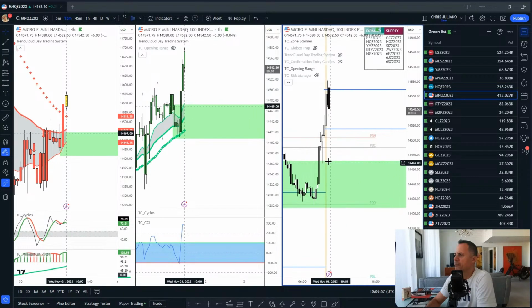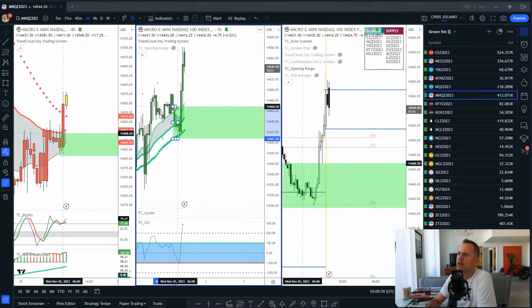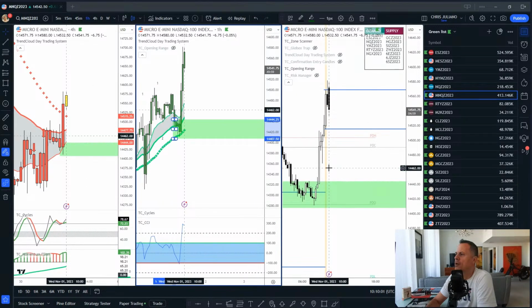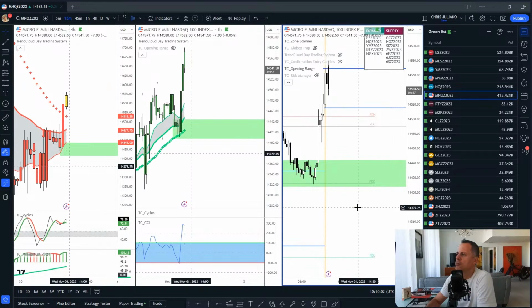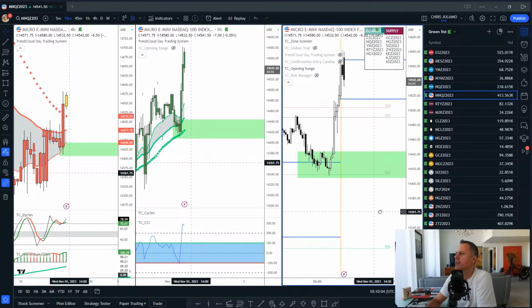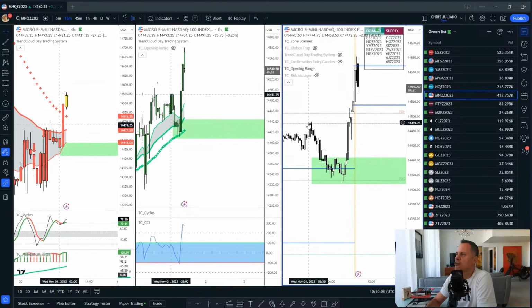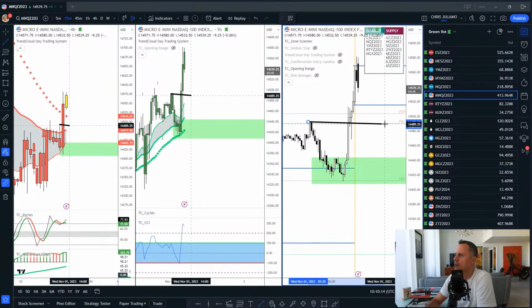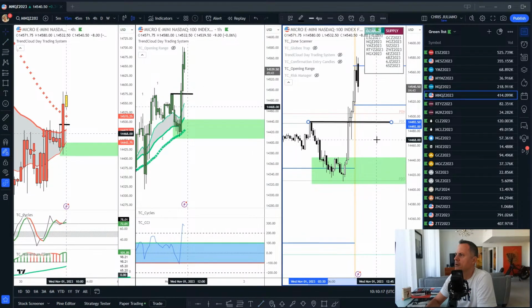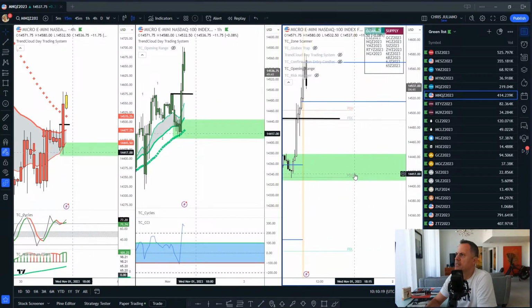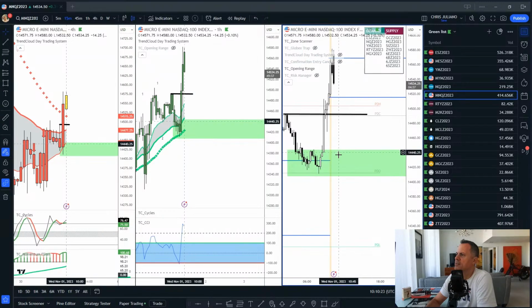Well, we've got that 1 hour zone right down here. And this is the zone that actually broke structure right here. Broke structure right there. Previous day's open. It's very possible this pulls back to the previous day's open here.